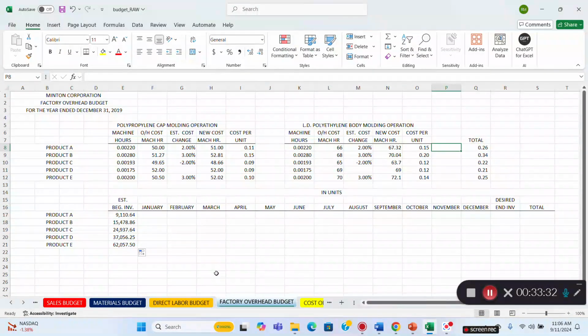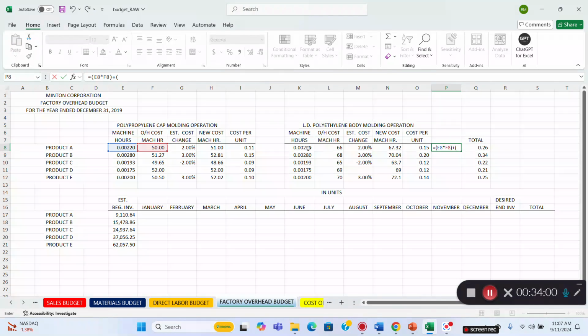This is actually going to be equal to this number here. I'll just open up parentheses, this times this, close parentheses, plus this times this.